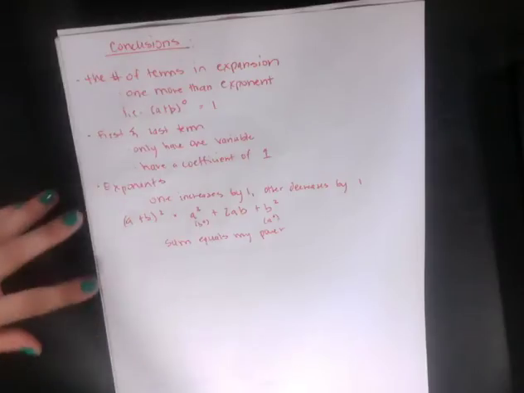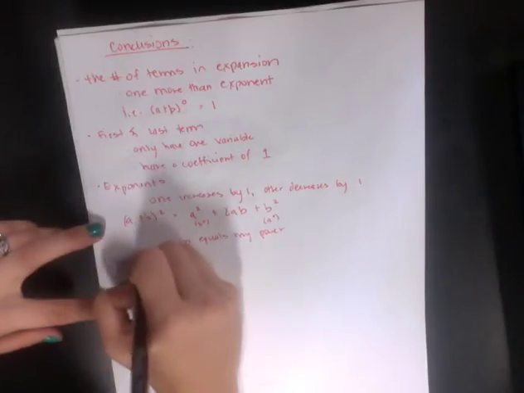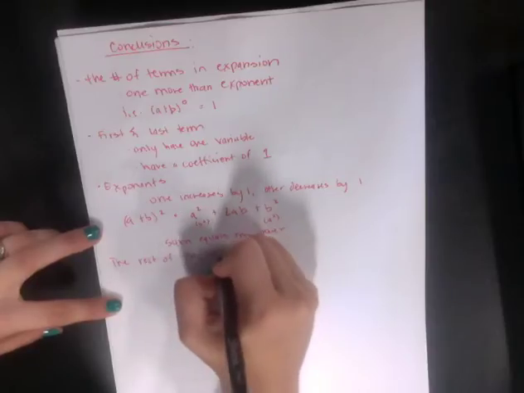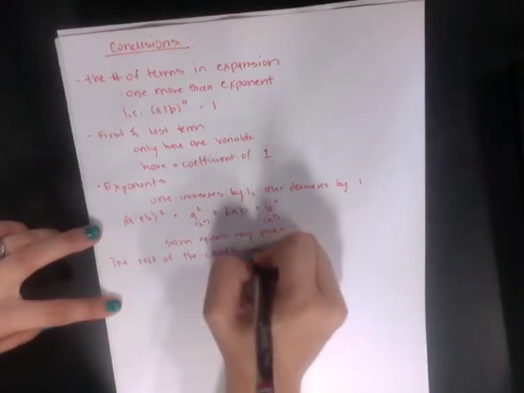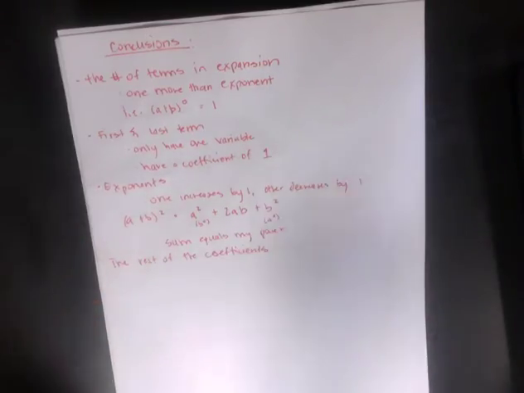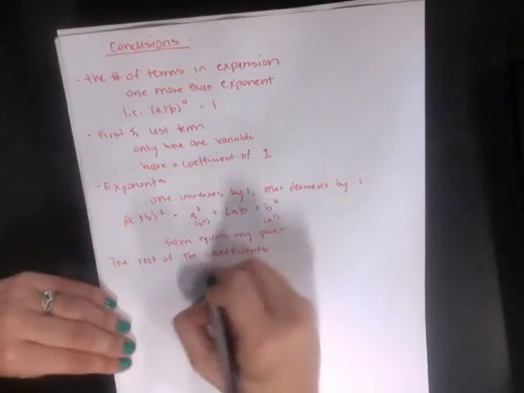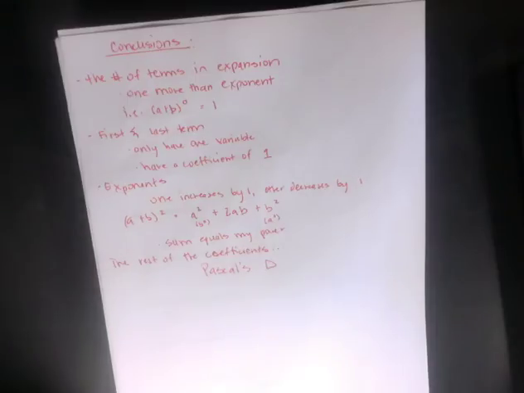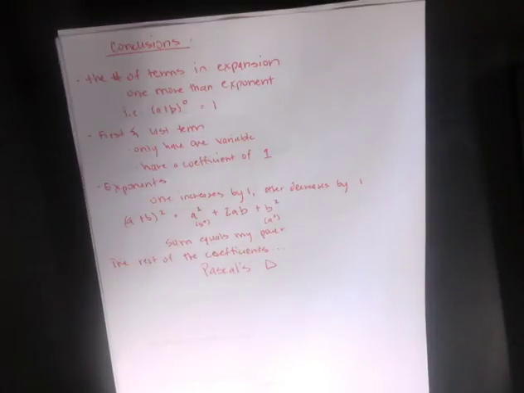Now, the rest of the coefficients is even more impressive. The rest of the coefficients follows Pascal's triangle. Now, if you really want some fun information about Pascal, you can take my math history class if it still exists when you're here.